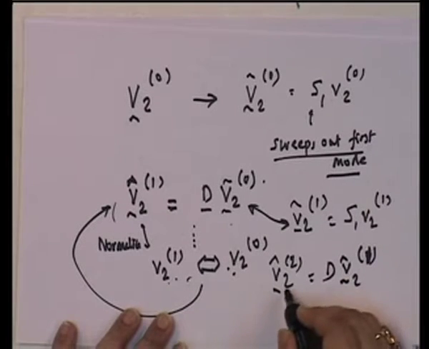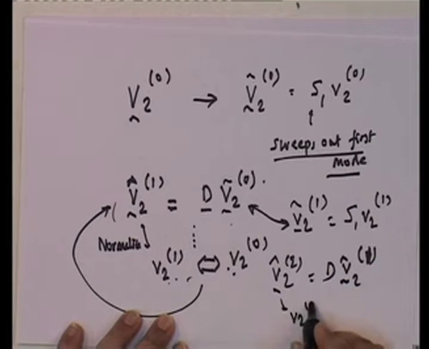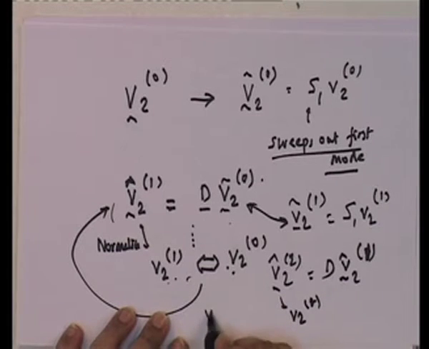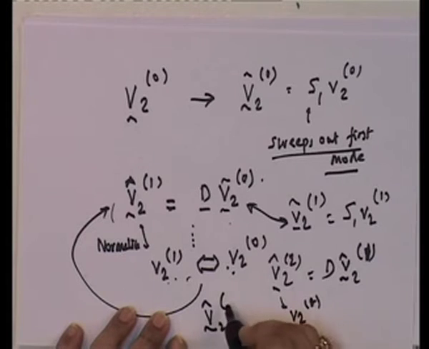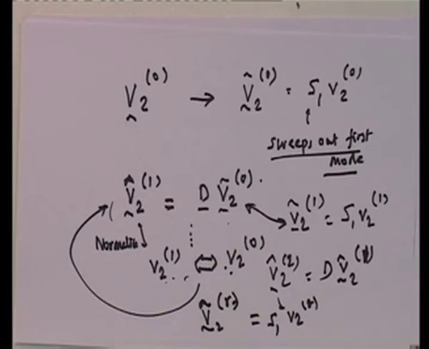Every time you get a new vector V2R, you should sweep it. All the time you should sweep it, every time, before you put it back into the iteration.